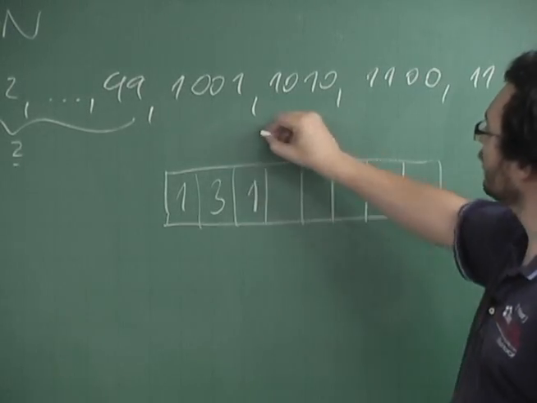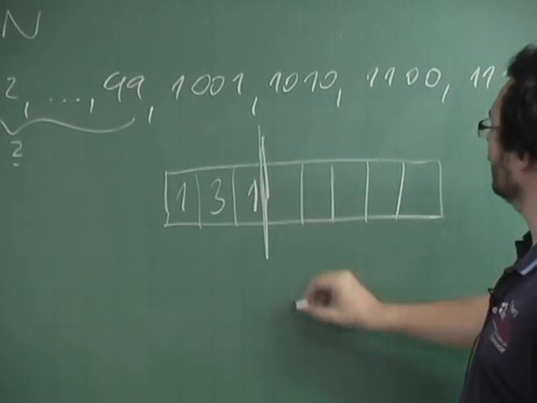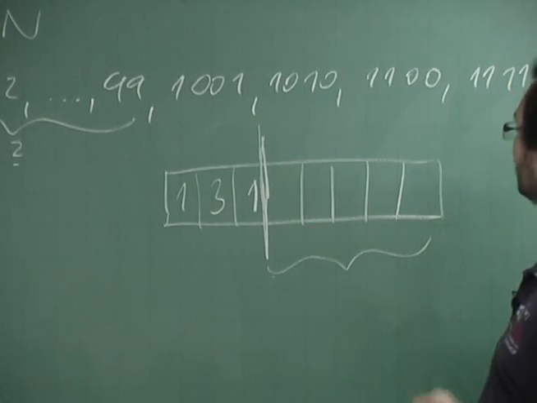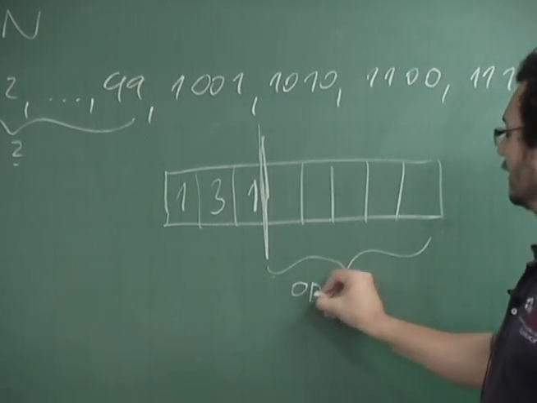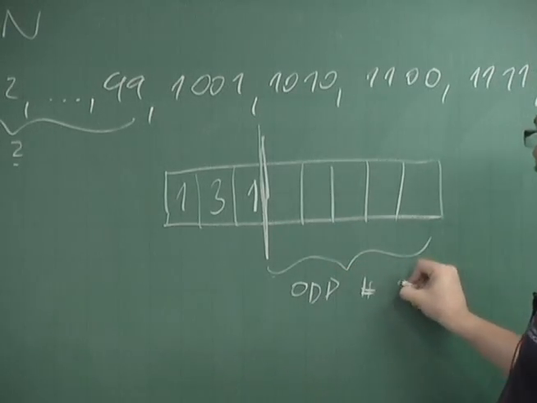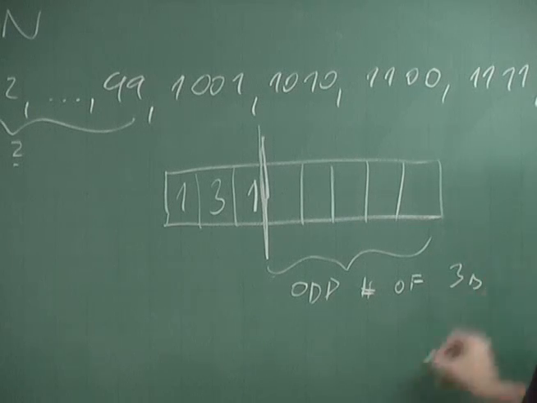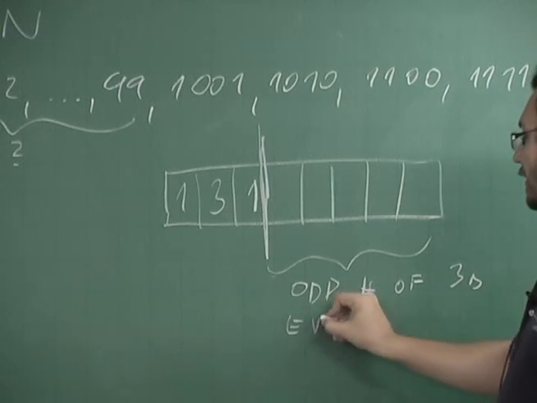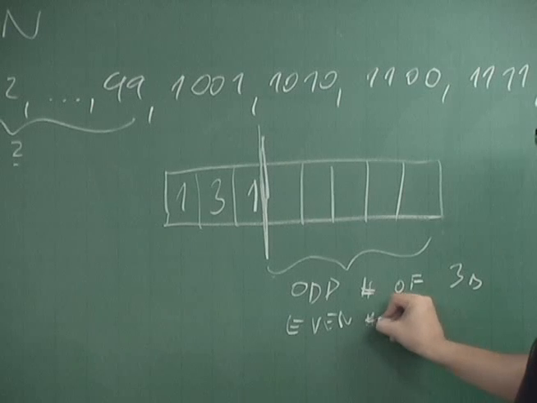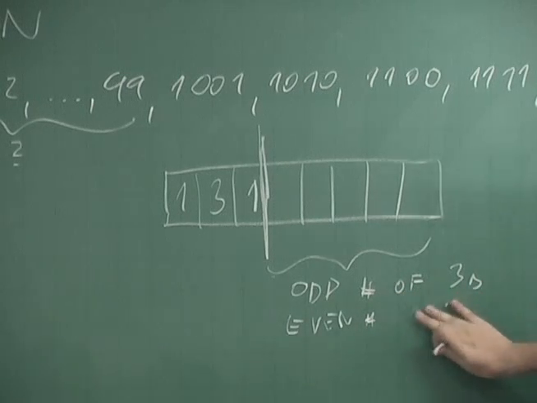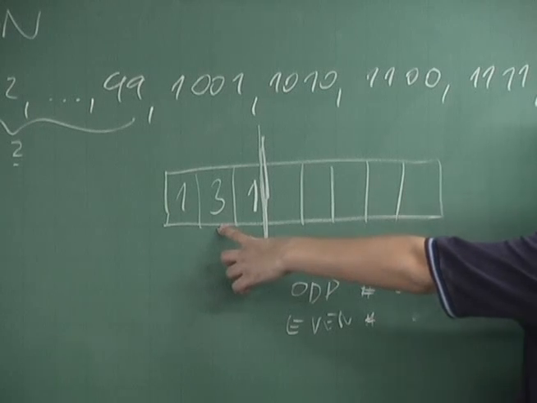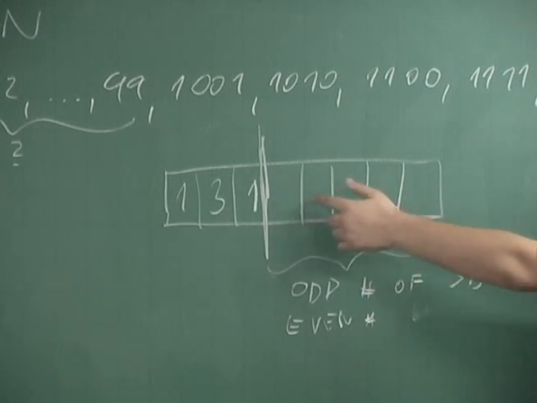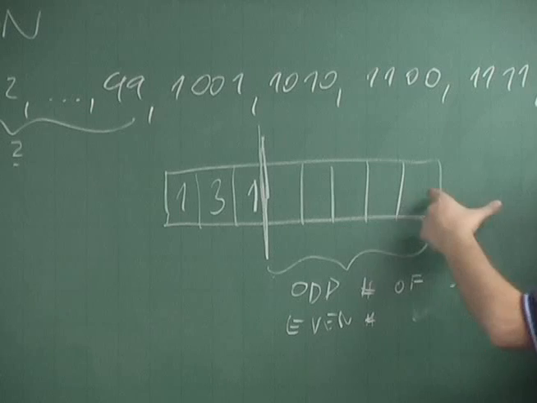The only thing we need to know is that we are looking for numbers that right here contain an odd number of 3's and an even number of anything else. Because here is a 3 and it doesn't have a pair, so there has to be a 3 somewhere here.